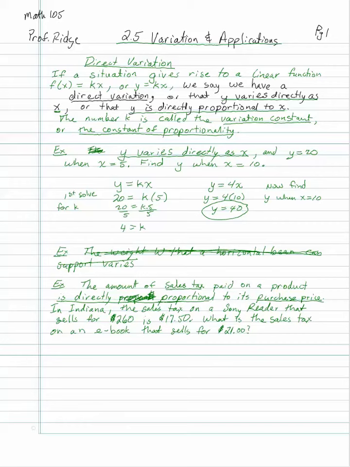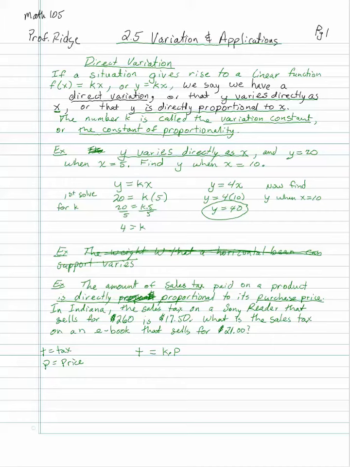We'll use T for tax, and P is our purchase price.